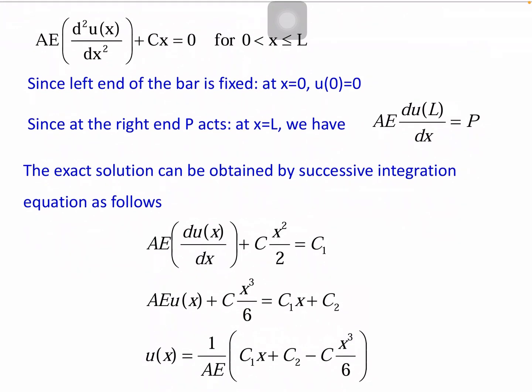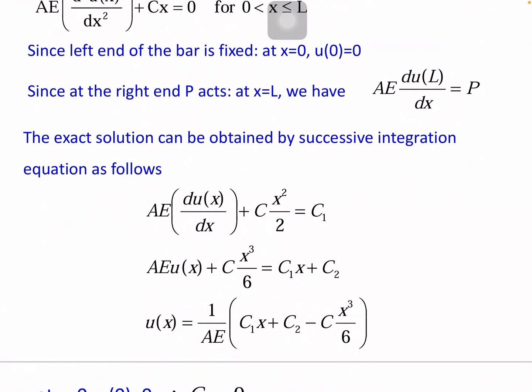Again integrating this equation, AE into du becomes u only, plus c into x square becomes x cube by 3, so making it x cube by 6, this term c into x cube by 6, equal to c1, integration of c1 is c1x plus c2.